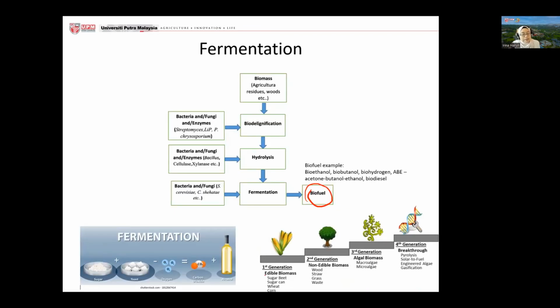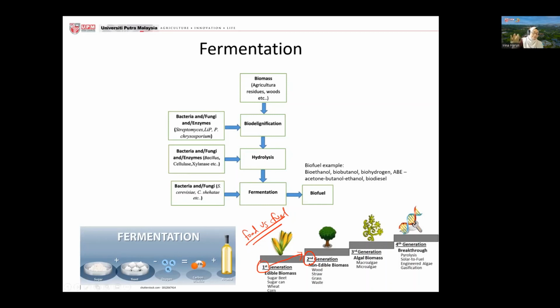And when we say edible biomass, this relates back to the food versus fuel debate. Basically what it's saying is, you know how many people are hungry right now. How could you produce fuel from that? So that is what people are saying about first generation. So they now go to second generation, which is formed from non-edible biomass.